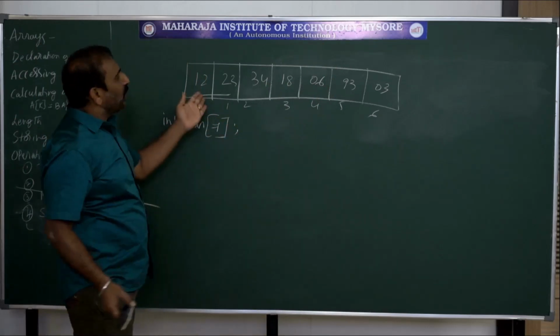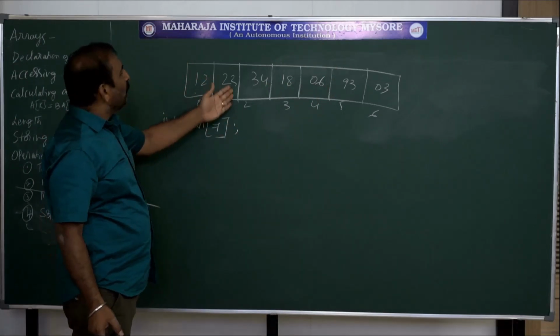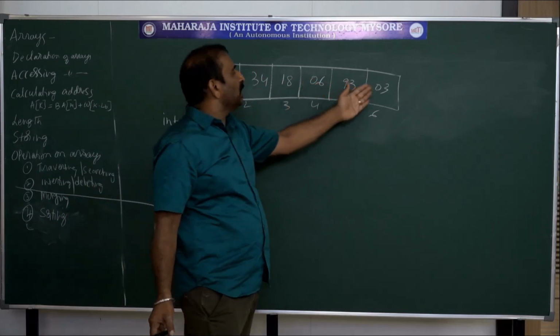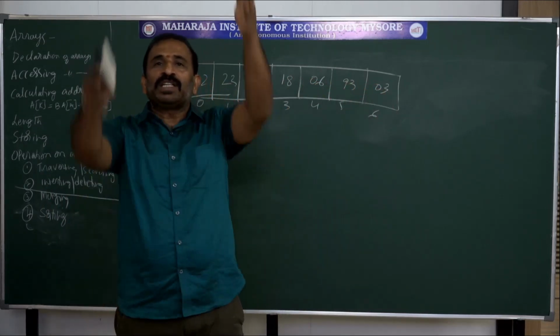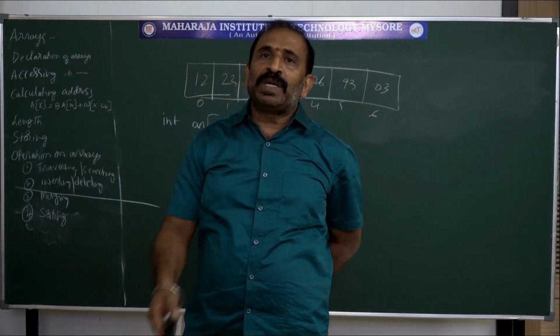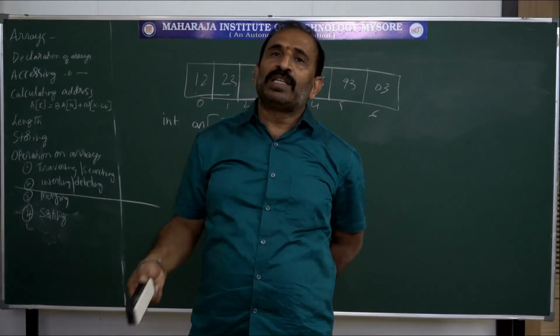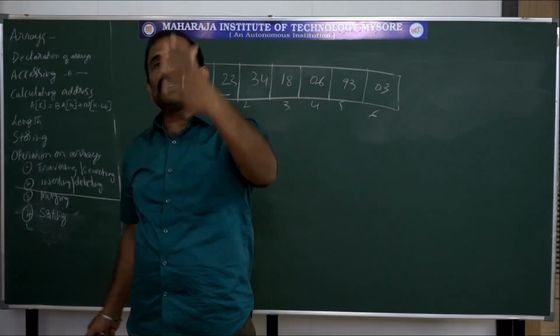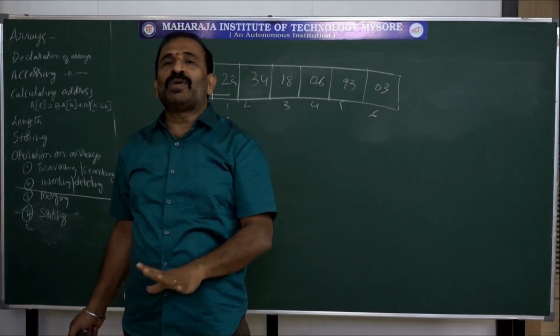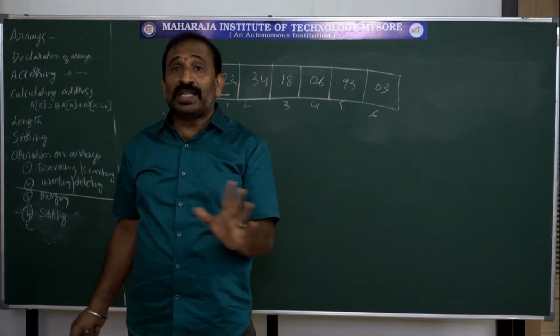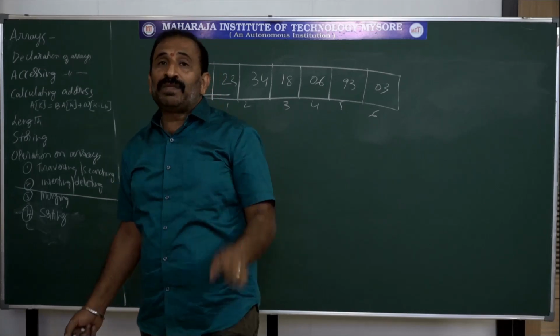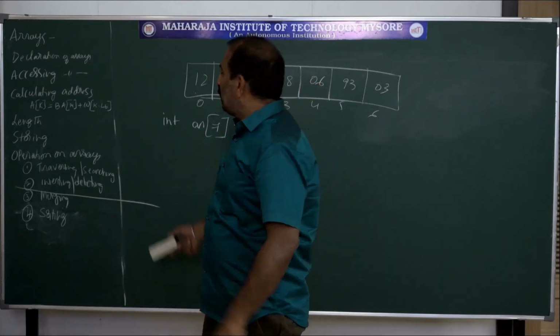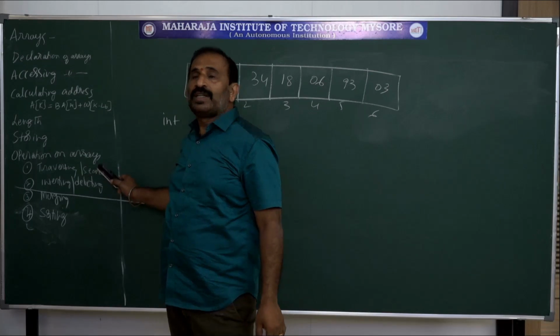Simply display what is there here: 12, 23, 34, 18, 06, 93, etc. Simply display all the student names, all student register numbers, all the students' attendance. You simply traversed and found the thing. You did not make any decision on that. If you have any intention, then it becomes searching.